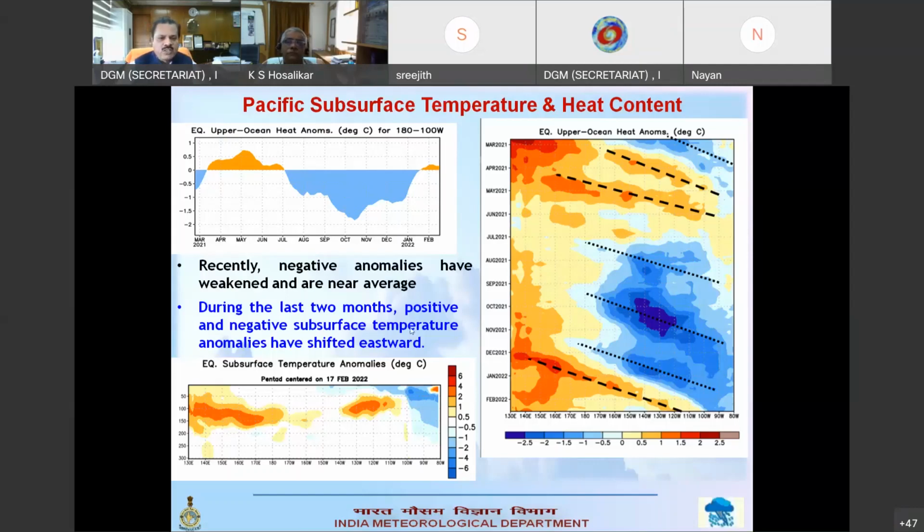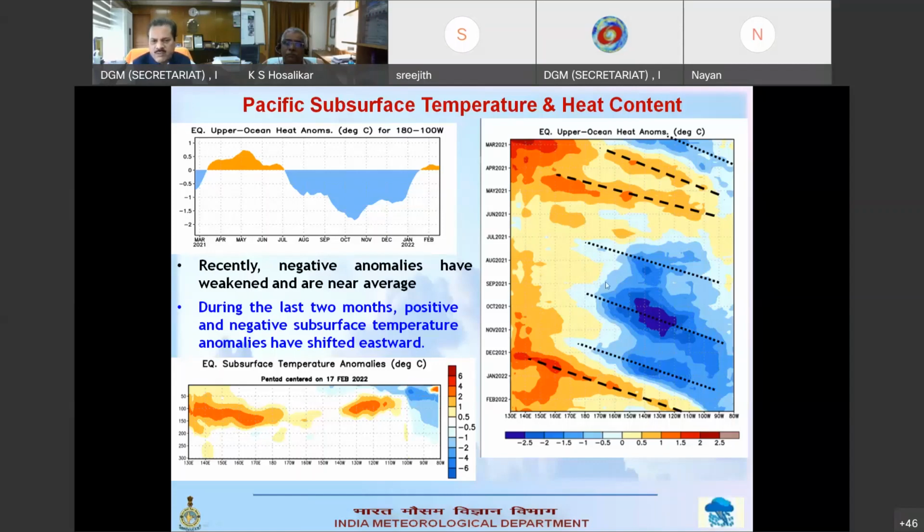During the last 2 months, positive and negative subsurface temperature anomalies have also shifted eastwards. From this diagram, you can see that at the top it is March 2021, and this is February 2022. In August 2021, for example, this was the warming here and this is the cooling here, and this is the pattern from West Equatorial Pacific to East Equatorial Pacific.